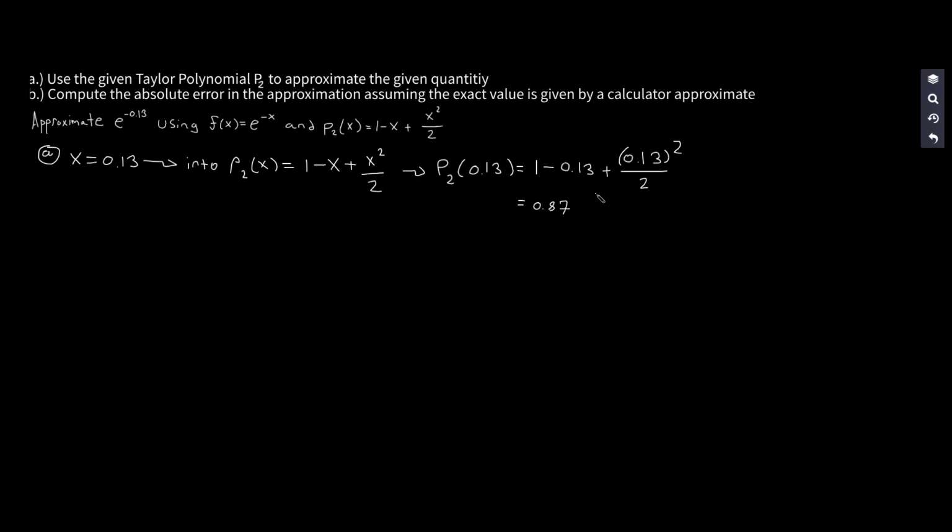Now, as for 0.13 raised to the second power, that's going to be 0.0169. Then we have to divide it by 2, so we'll have 0.87 plus, the answer to that is going to be 0.00845.